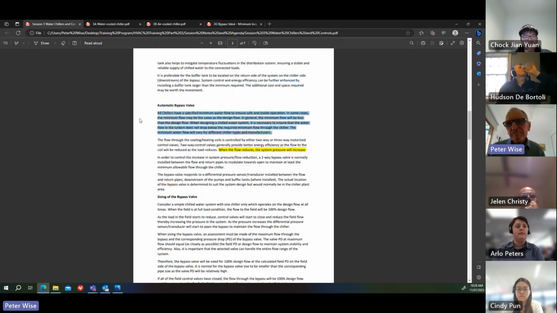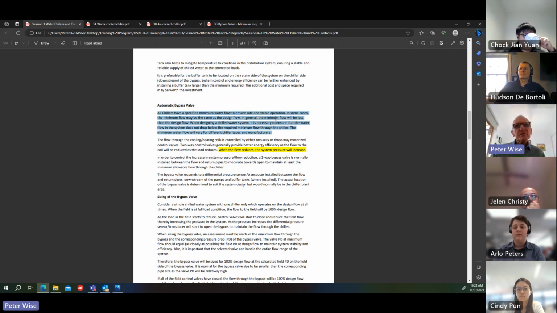Going back, I don't know how many years, let's say 15, 20 years ago, probably even less, 10 to 15, just about all chillers were based on a fixed flow. So the design flow was the flow through the chiller. You didn't change it, you left it as it was, and you had a bypass to make sure you could maintain that flow.